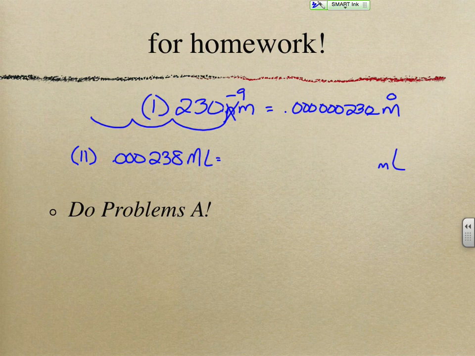You want to do this on another sheet of paper because you're going to mess yourself up. Mega is 6, so again, this is going to be 9 smaller, so this is going to get 9 bigger. So 3, 6, 9. How many zeros are going to be at the end? 3. So 238,000.